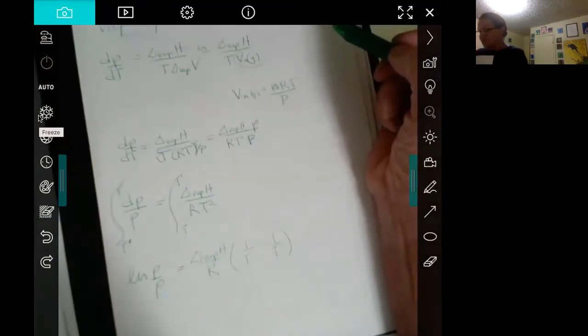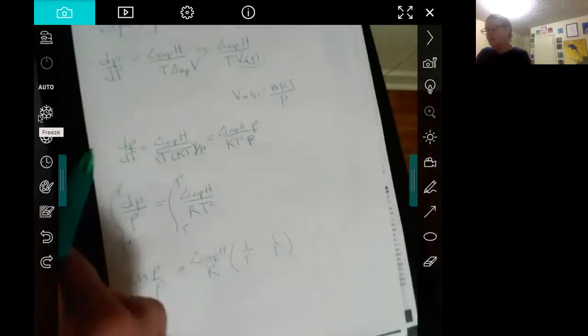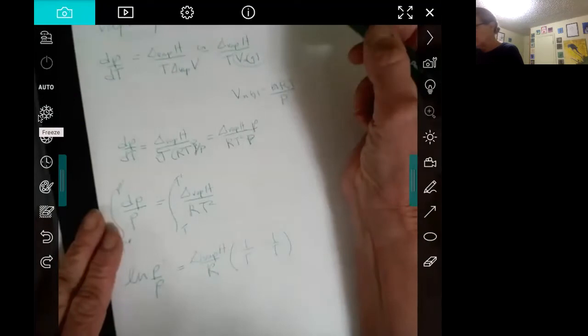So we are going to look at how vapor pressure changes with temperature. Because a gas pressure changes a lot and we don't want to estimate it, we want to have a better idea of how pressure and temperature impact each other.